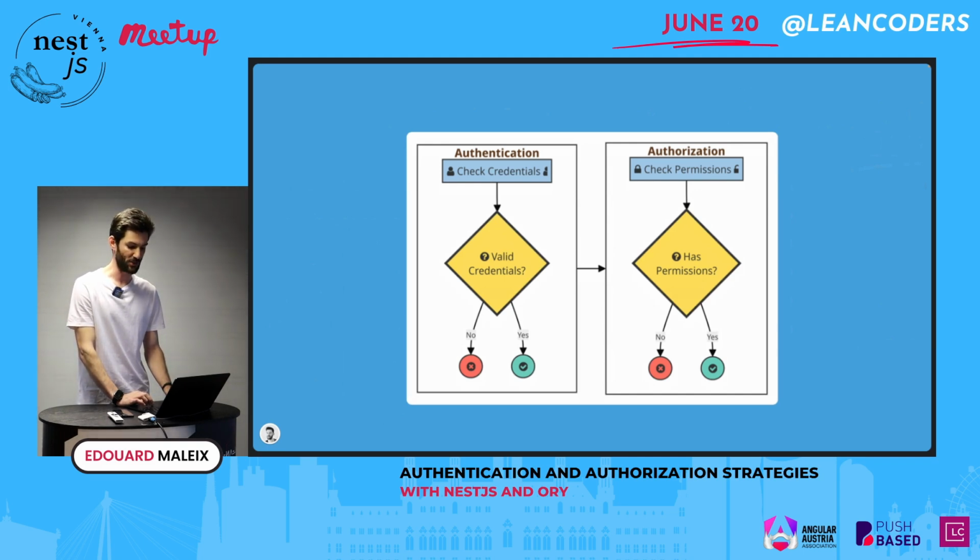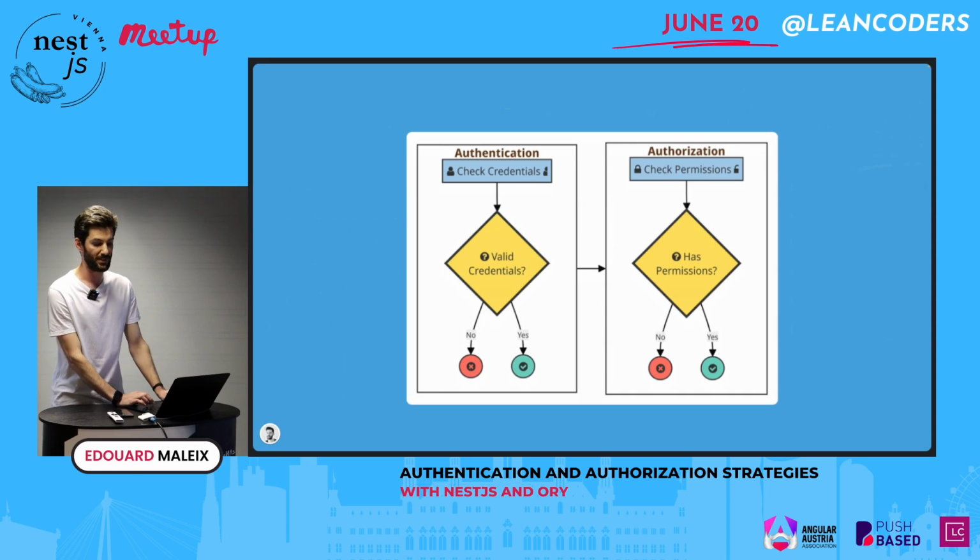To do so, it will check the credentials. If the credentials are valid, it will either deny or grant access to the user. Then follows the authorization. The authorization process is the process of checking the permissions of a given authenticated user or machine. We simply try to answer the question, has the user permission? If yes, then we grant the access, otherwise we deny. Hopefully it makes things clear.